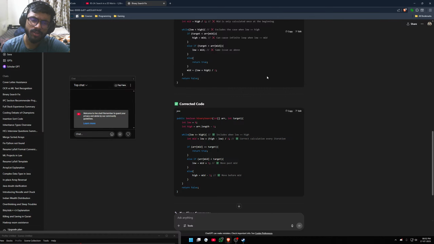Oh, we are moving the pointer. What? Low equals mid plus 1. Okay. Why mid plus 1 though? Ah.